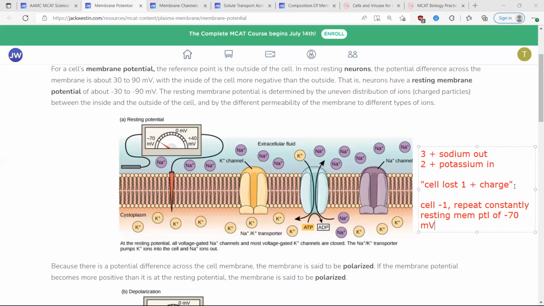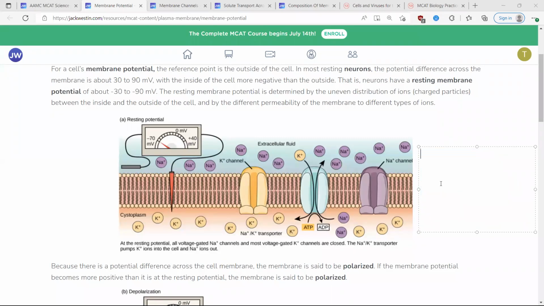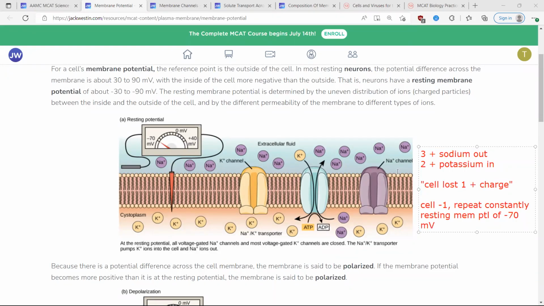This is not the exact explanation, but the exact explanation is incredibly complicated and beyond the scope. This is just a good way to start thinking about why it's negative when it's normal, right? A misconception would be to think, oh, nothing is happening, so it's probably 0 millivolts. No, it's always -70 millivolts at resting.